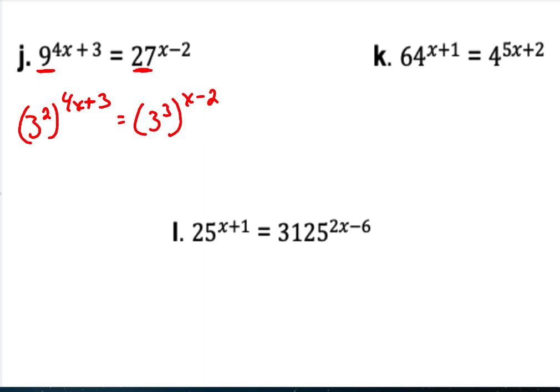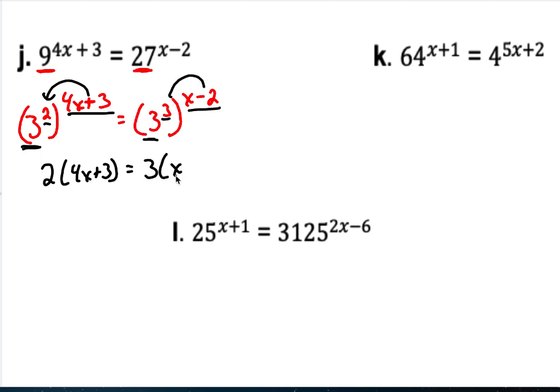Okay? So I've got my same bases, but I've got a power raised to a power. So remember our exponent rules. A power raised to a power just means multiply those exponents. So 2 times 4x plus 3. Same thing here. I'm going to multiply those exponents. So 3 times x minus 2.